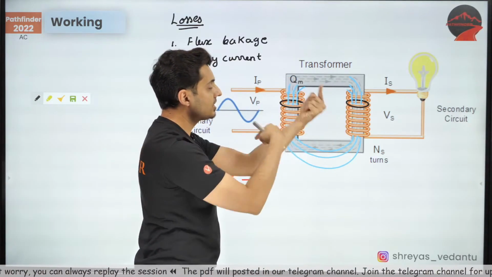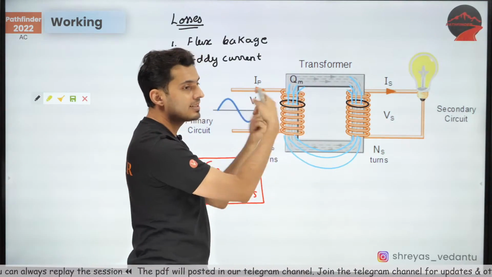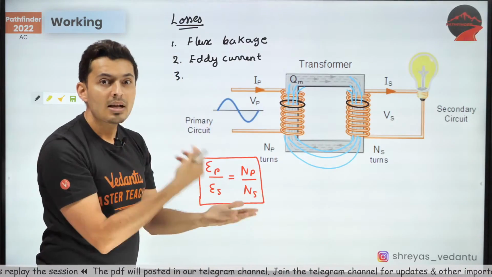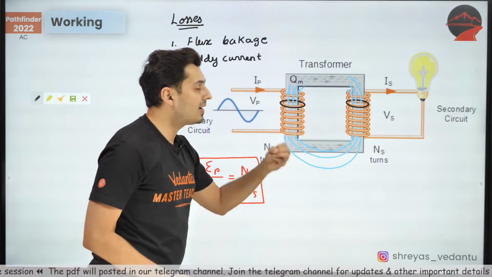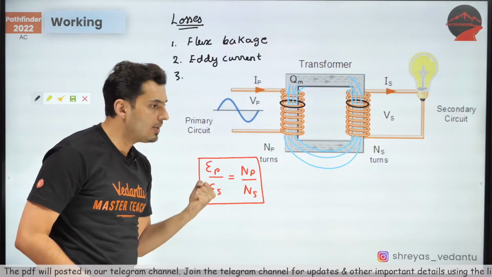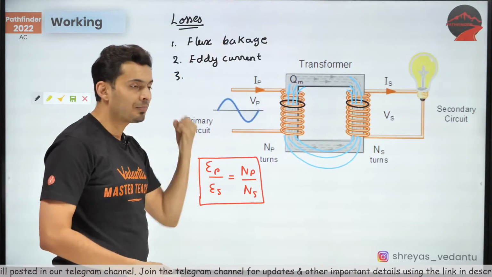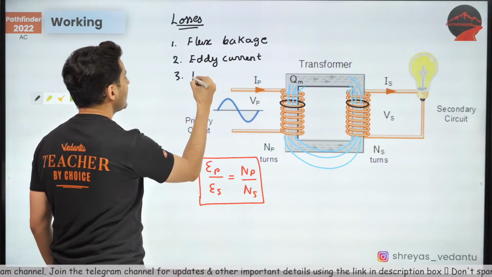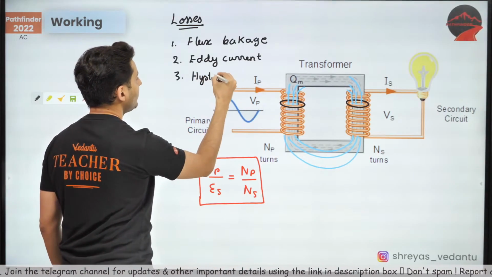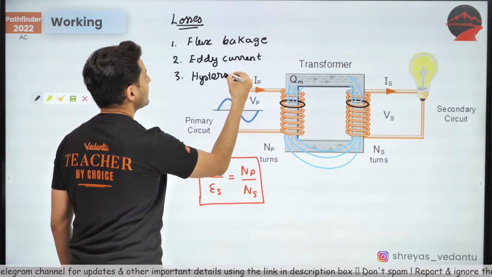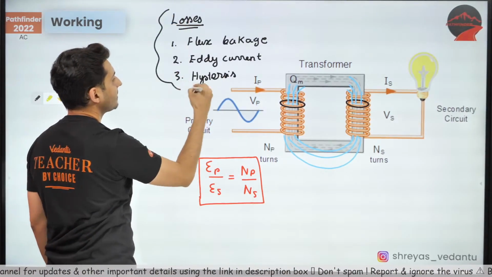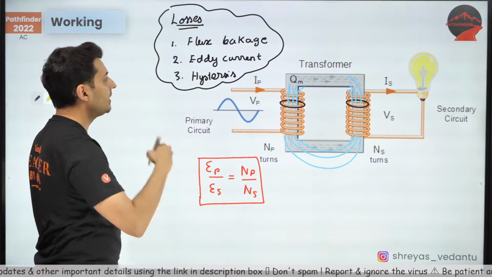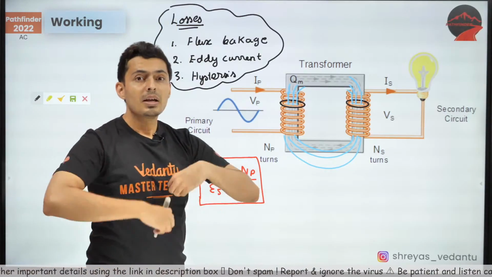Every time the magnetization keeps flipping direction, because this is AC. That means there will be some loss in magnetization, demagnetization, magnetization, demagnetization. That is called hysteresis loss. So these are the three losses that you encounter in a transformer.